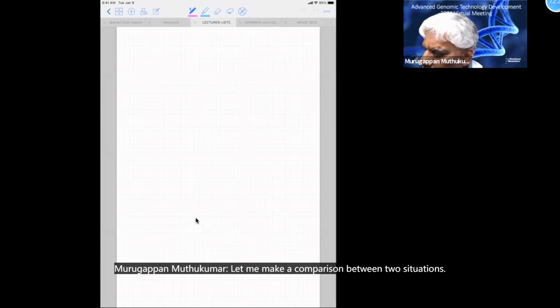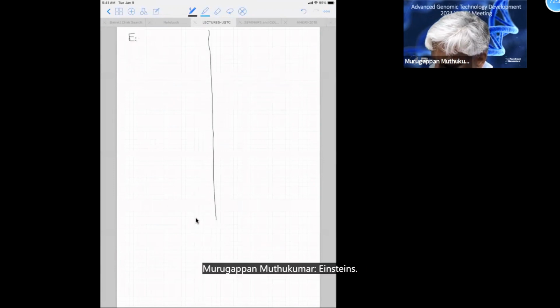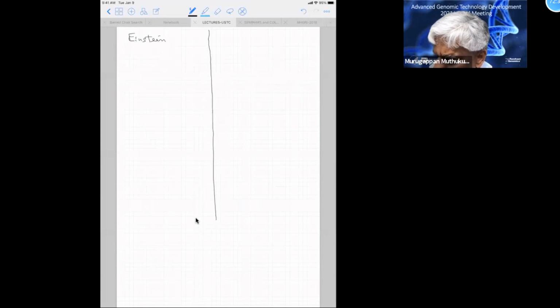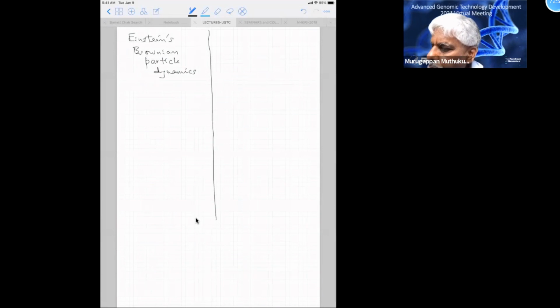Let me make a comparison between two situations. One situation is Einstein's Brownian particle, and the other one is Rouse.